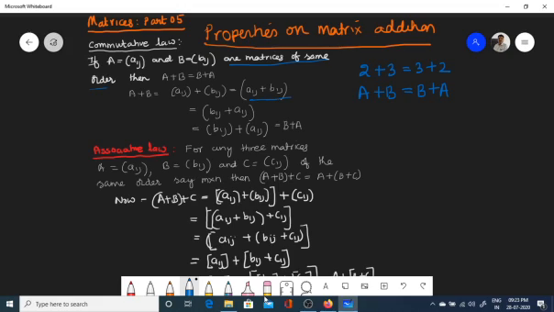But this Aij plus Bij can be written as Bij plus Aij because the addition of two numbers is commutative. That I have shown, that addition of two numbers is commutative. So this can be written as matrix Bij plus matrix Aij. So therefore that is equal to B plus A.